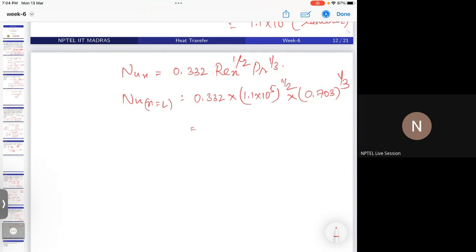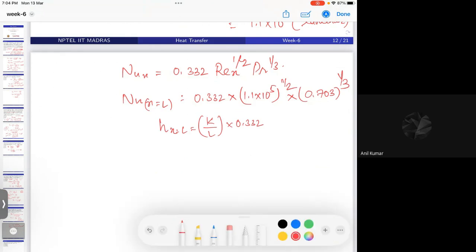What is the Nusselt number value? Or we can directly find out what is h x, that is Nu times k by L. So 98. Yeah. Okay.